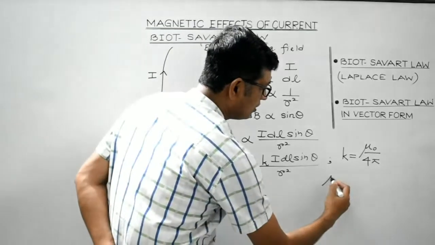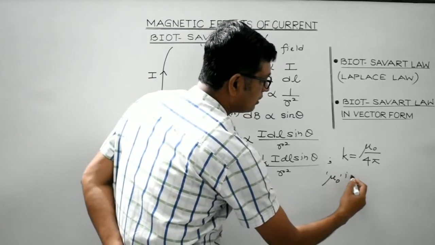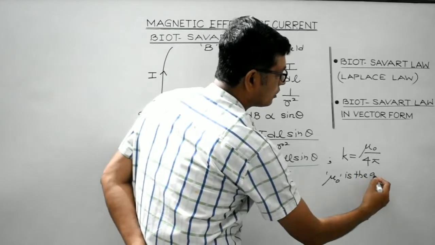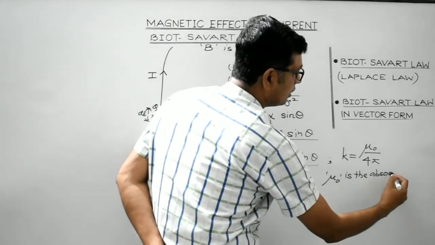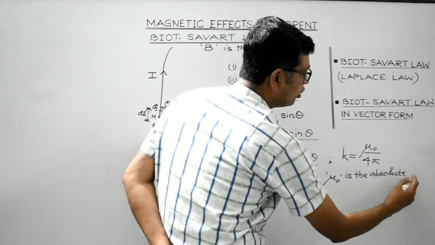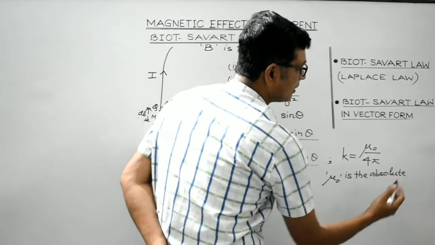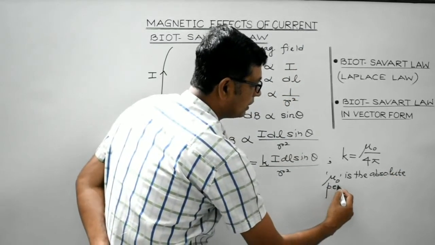So mu naught is the absolute permeability of free space.